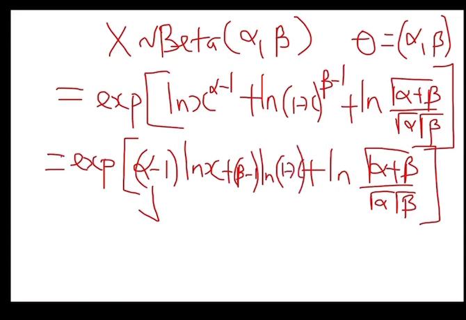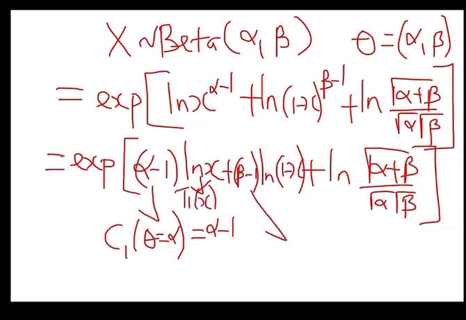That alpha minus 1, I'm going to call it c1 of theta, where theta equals alpha. And that factor is T1 of x. The beta minus 1 I'm going to call c2, where theta equals beta, and that factor is T2 of x.